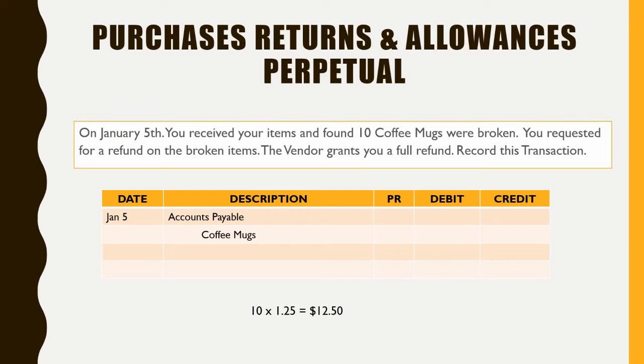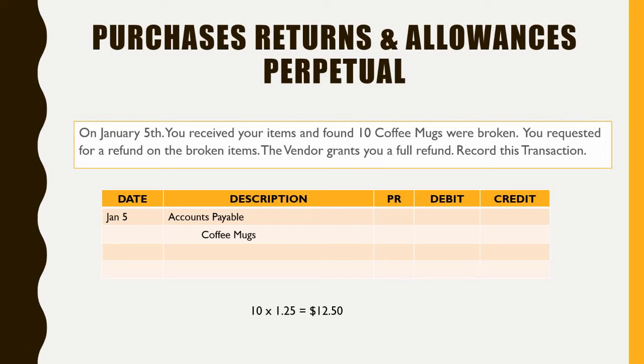Now, in this case, what can and what can I not take out? If I'm returning 10 coffee mugs, I can only return the original selling price. Freight cannot be returned. Sales tax is obvious: you're going to get your sales tax money back if you did get charged. But shipping and handling are separate costs that you had to encounter for getting those items to your store.